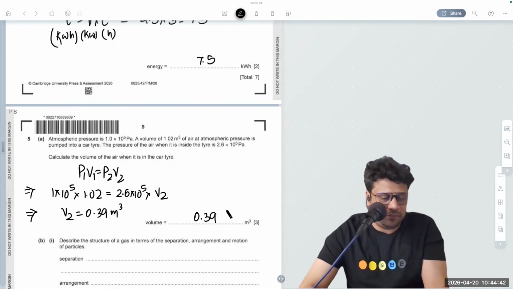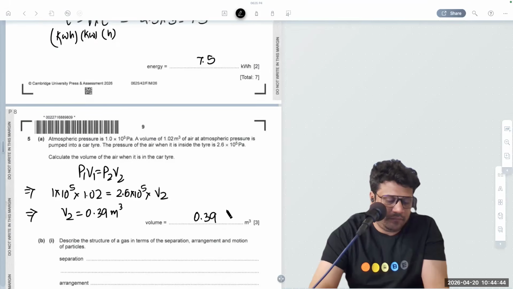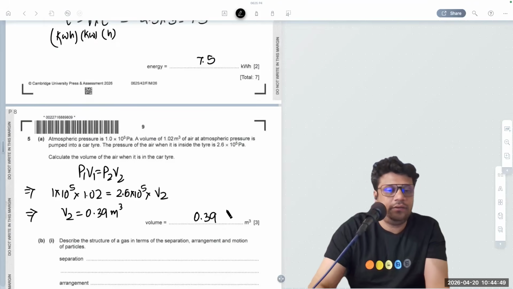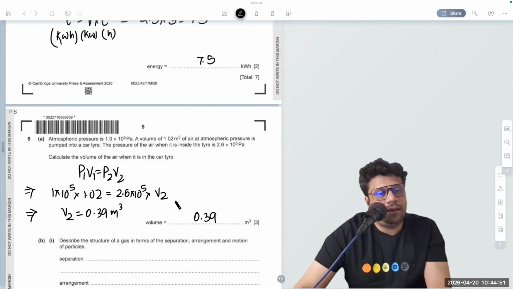Am I correct with the 1.02? Let's see. 1.02 divided by 2.6, 0.39, yes. 0.39 meter cube.